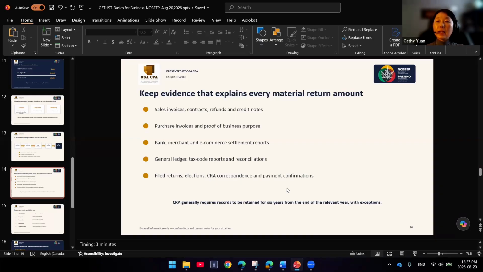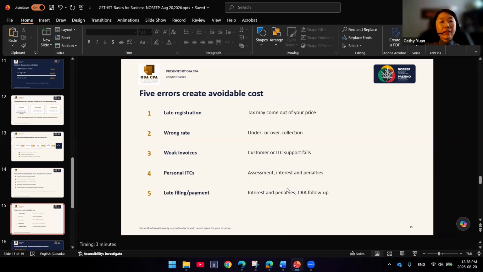I always suggest keeping a folder with invoices or sales, so it's easy to categorize different documents. Once CRA asks for this evidence, we can easily get the supporting documents. Otherwise it will be very rough and a big stress. It's not easy. Okay, let's continue.